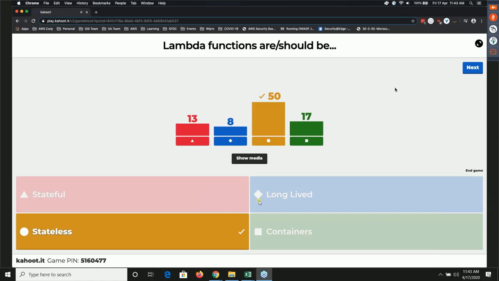Okay, much better. Awesome. All right, let's see what we have here. We have 13 people who said functions are stateful. No, that is not true. When you've executed a function and one of the function instances goes back to the pool, there may be some initialized variables left, but you should not assume that any such pre-initialization exists.